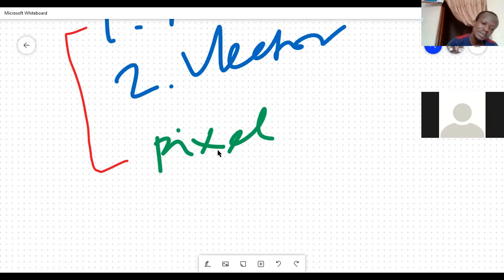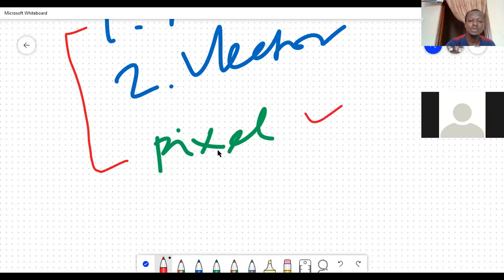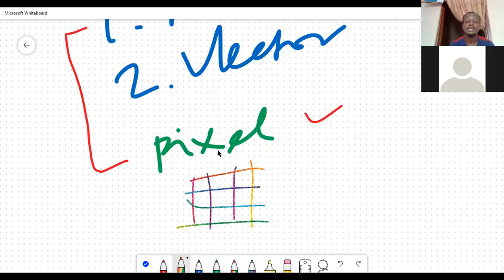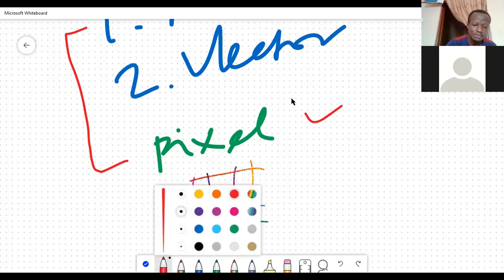Why? Because every picture is made up of what we call the pixel. So the pixel is like the smallest unit of representation in the raster model. An area is subdivided or tessellated into grid squares, and every single square now stores one particular color value.